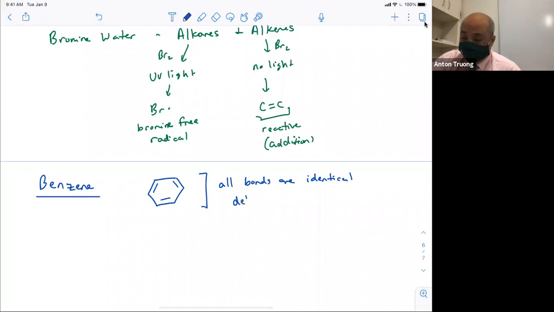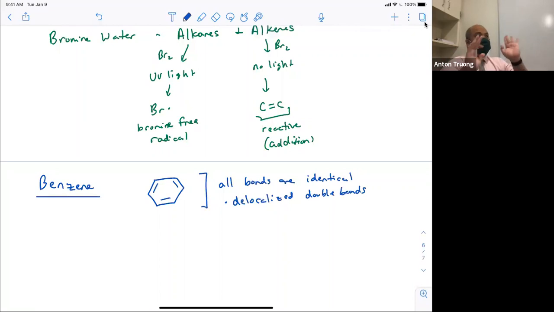They have delocalized double bonds. So really, there's not alternating single and double bonds. It's delocalized double bonds, meaning every bond is the same: the bond lengths are the same, the bond strengths are the same, and that resonance structure provides stability.